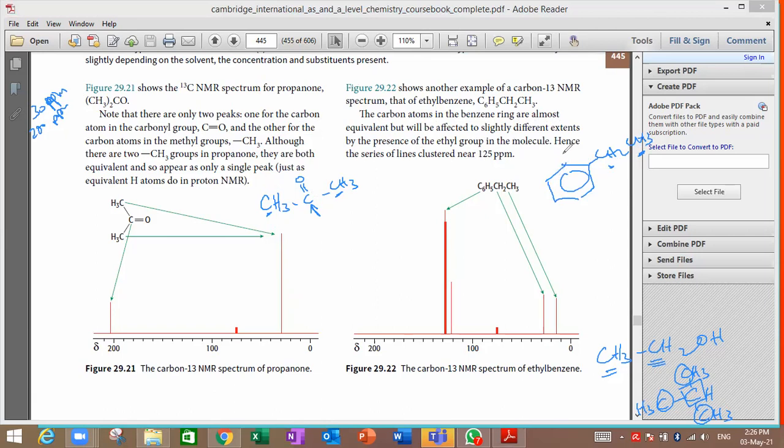These 2 are similar, these 2 are similar, and this is another one. And we have here another carbon.